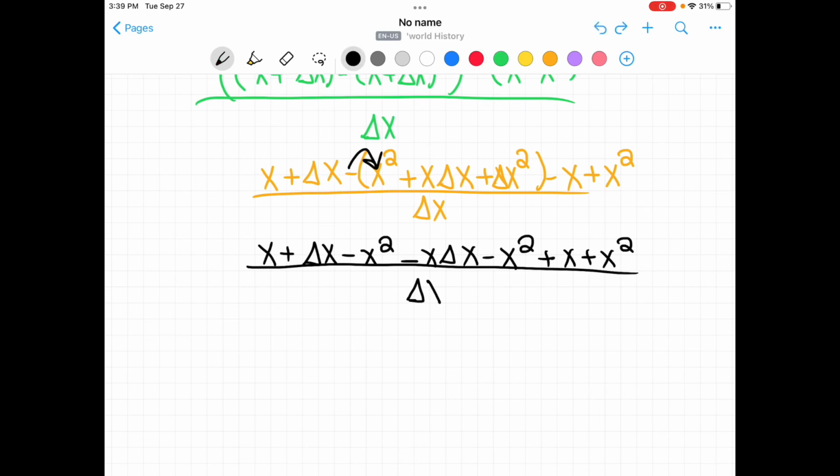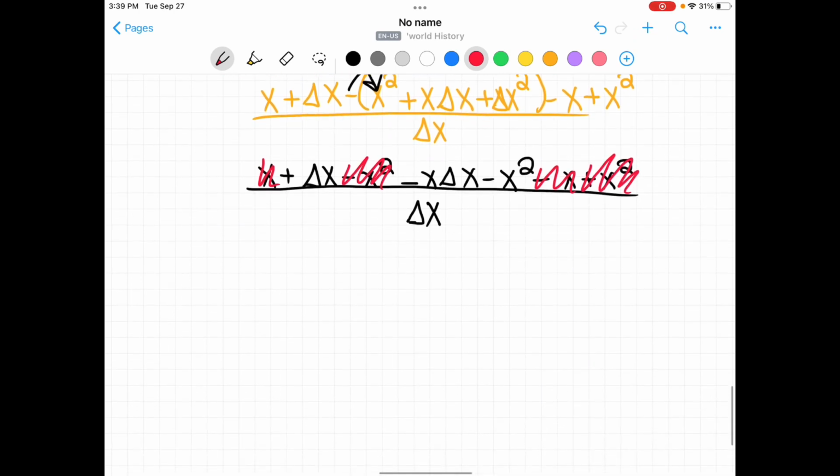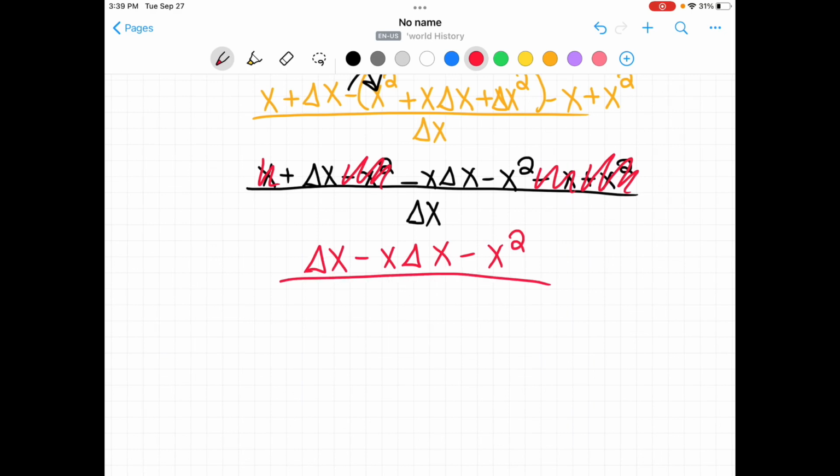This one is supposed to be a negative. Alright, so we're going to cancel some stuff out. These x's cancel, and these x squares cancel. So now we're going to rewrite it, minus x squared all over delta x.